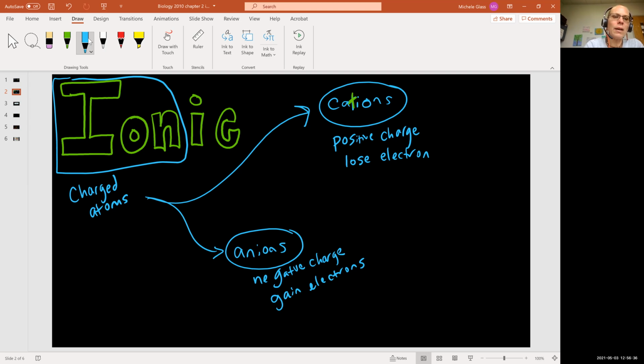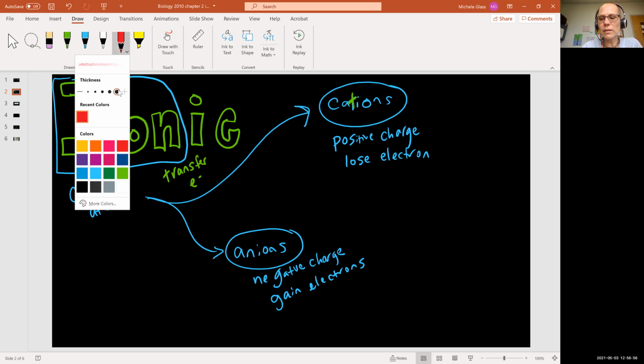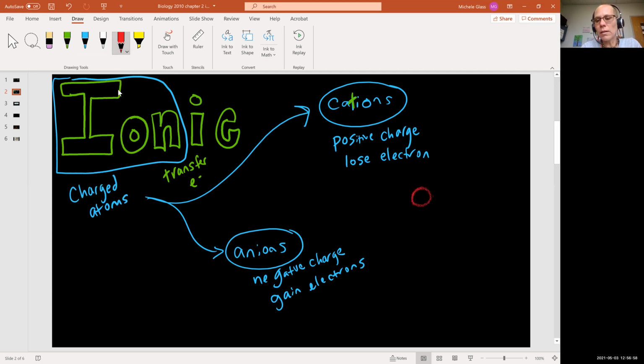When we talk about an ionic bond, we can use the memory device transfer electrons, because what we see happening is one atom in the bond is going to gain electrons and the other atom in the bond will lose electrons. And then the key thing that we see happening here is that opposite charges attract.